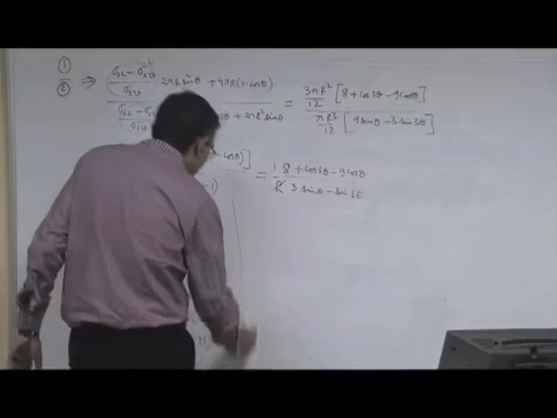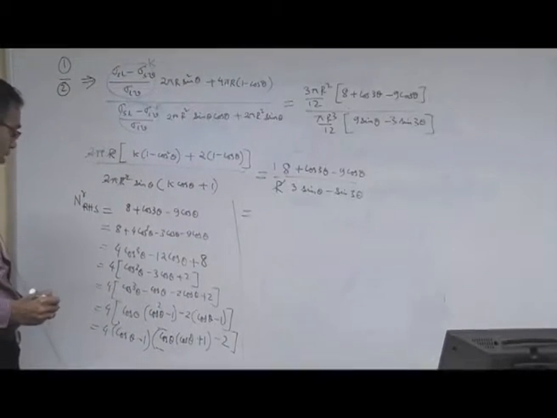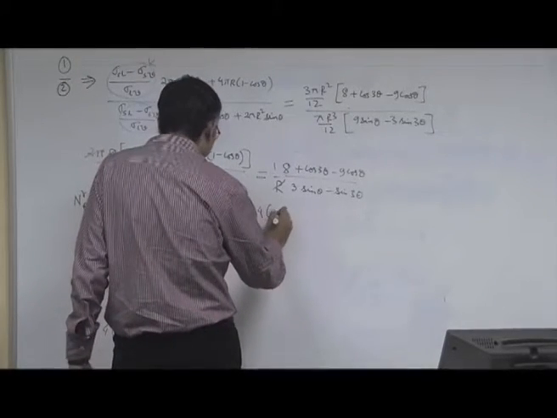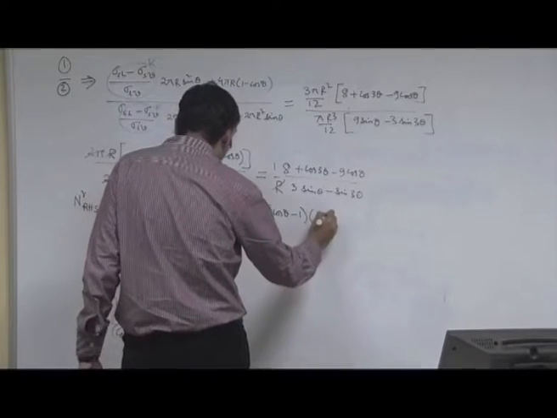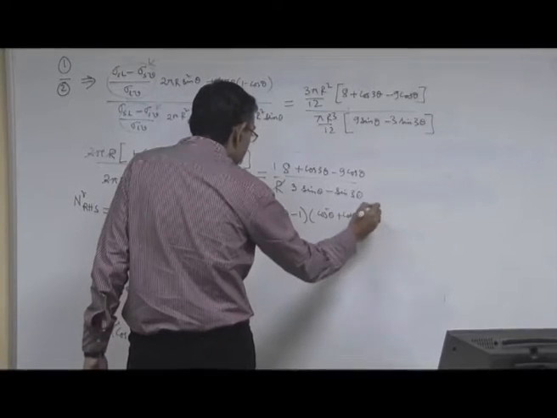So, that is equal to 4 into cos theta minus 1 into cos square theta plus cos theta minus 2.